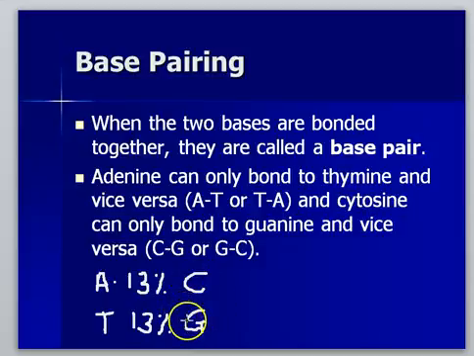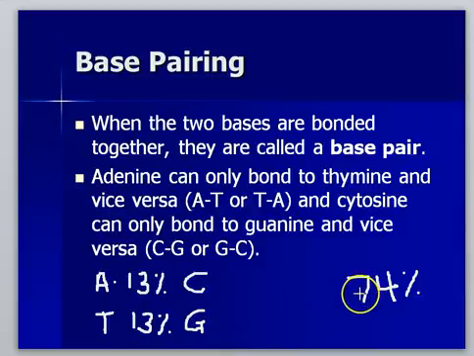Now what about these other two? How do we figure out the amount of cytosines and guanines? Well, this has to add up to 100. So if we've already got 26% right there, 100 minus the 26 is what, 74? So we've got 74% left over. That 74% needs to be split evenly between these two because cytosine and guanine represent the same amount.